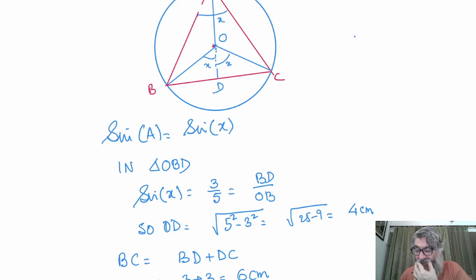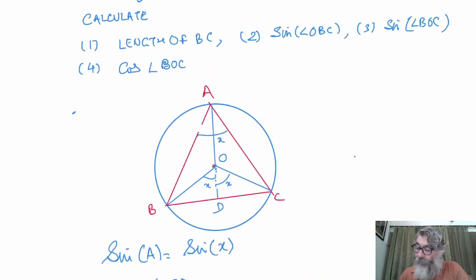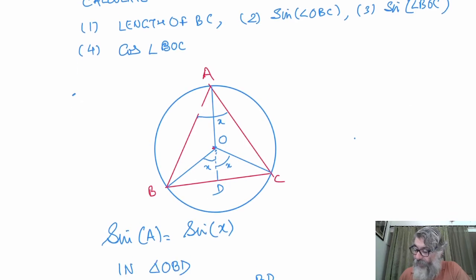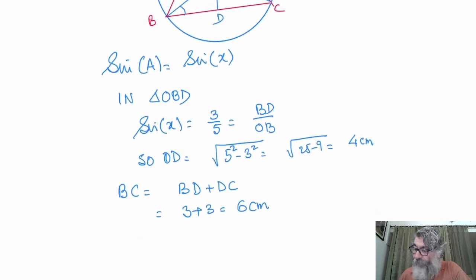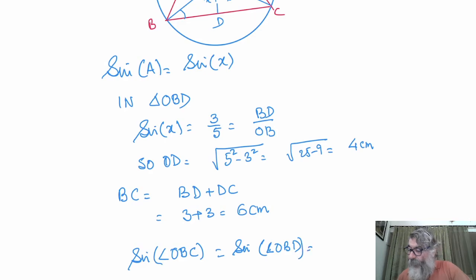Now let us see the next part. He says the first part is the length of BC; next is the sine of angle OBC. Sine of angle OBC or sine of angle OBD is one and the same thing, because B, D and C are in the same line.